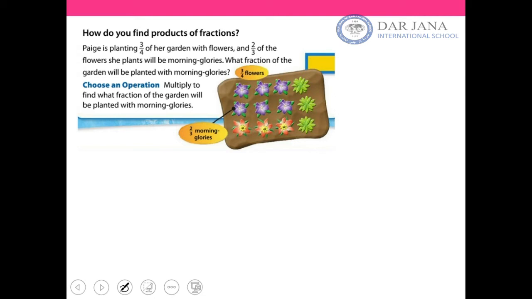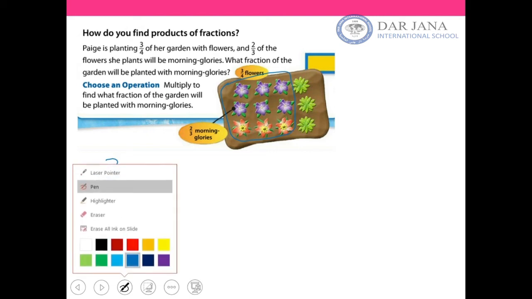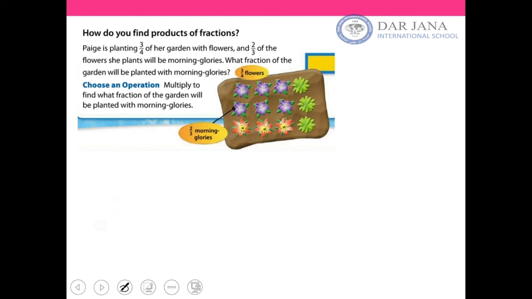So this means these are the flowers, 3/4. And then they say 2/3 of these flowers means 2/3 of the 3/4 are morning glories.